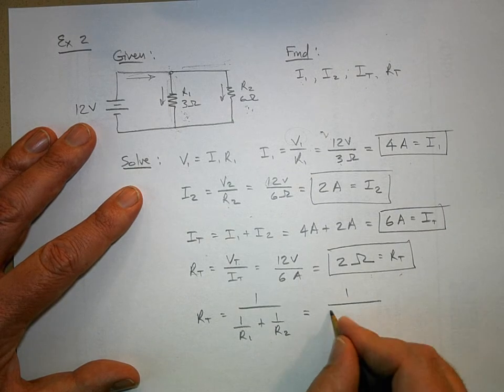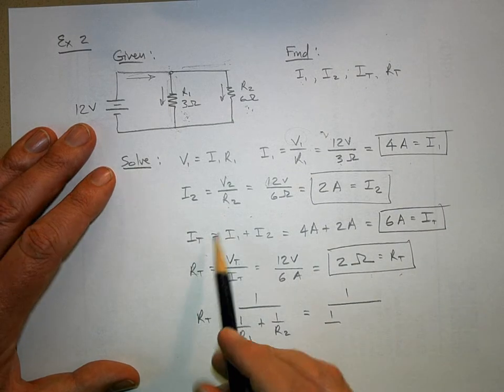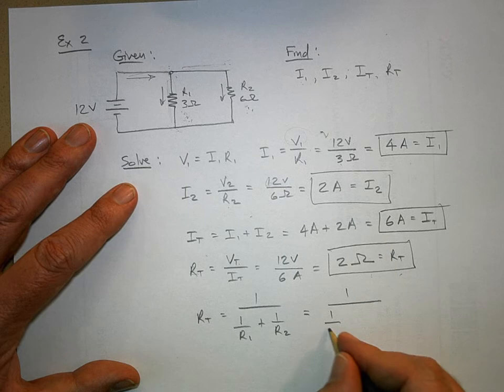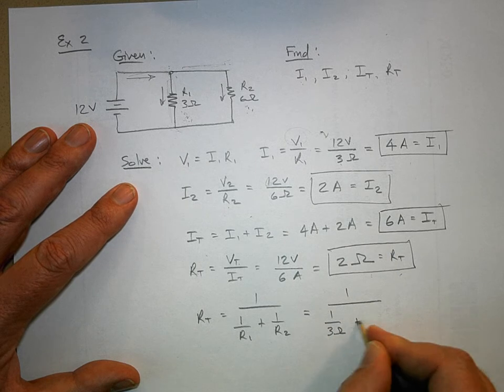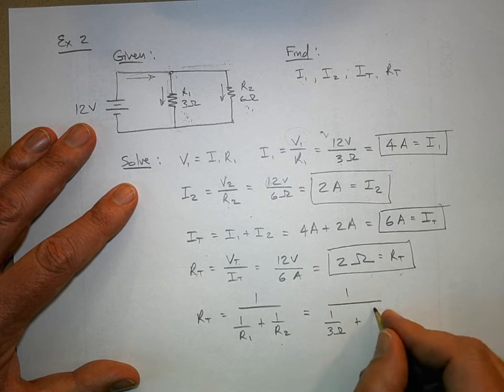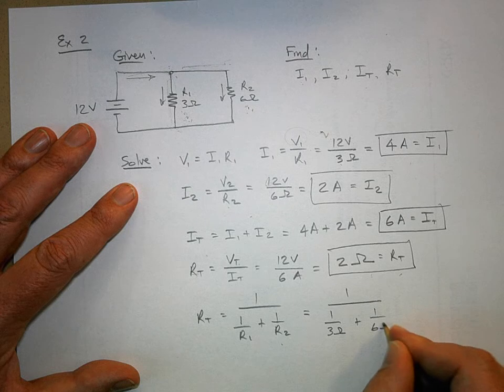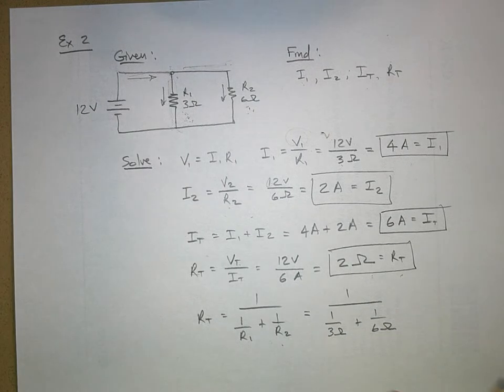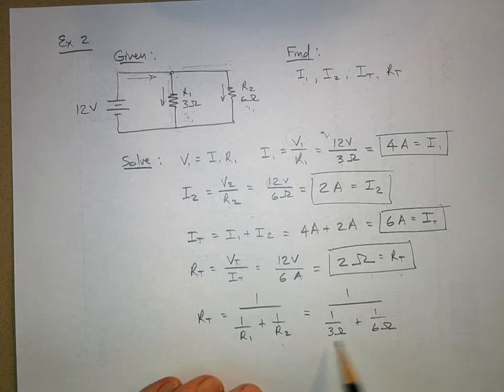What is R1? 3 ohms. Plus 1 over R2, which is 6 ohms. Now you can use a calculator to do this. And by the way, if you get difficult or decimal resistances, just use your calculator. But these are so easy, you don't need a calculator.